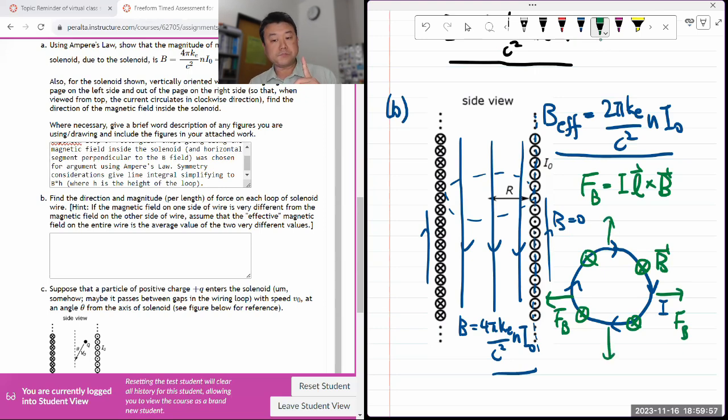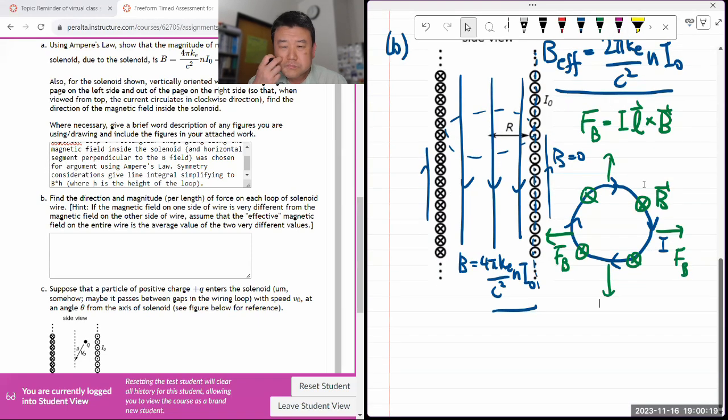Yeah, let me just do it from my perspective to be sure. I think since the current and magnetic field is perpendicular, I guess it's saying per length, because if I'm simply adding these all up, it's gonna be zero.